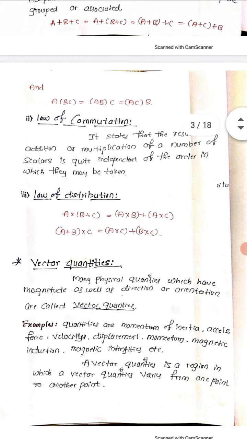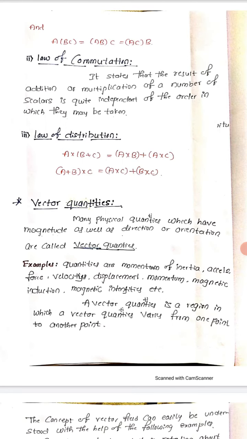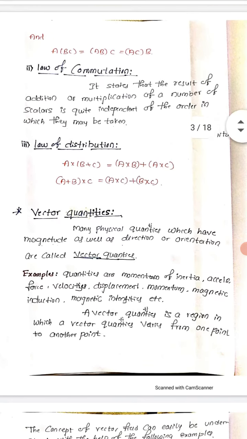That is, the addition and multiplication of a number of scalars are quite independent of order. This is called the law of distribution. Then vector quantities.